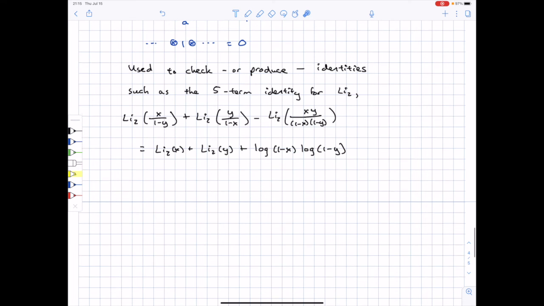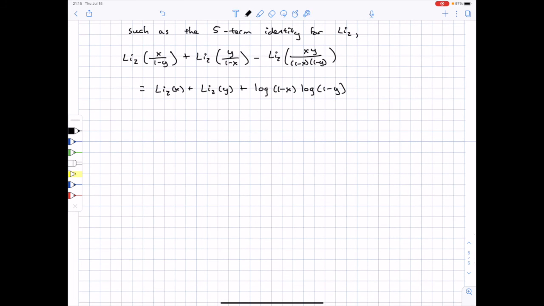So let's just write out the symbol of the left-hand side.